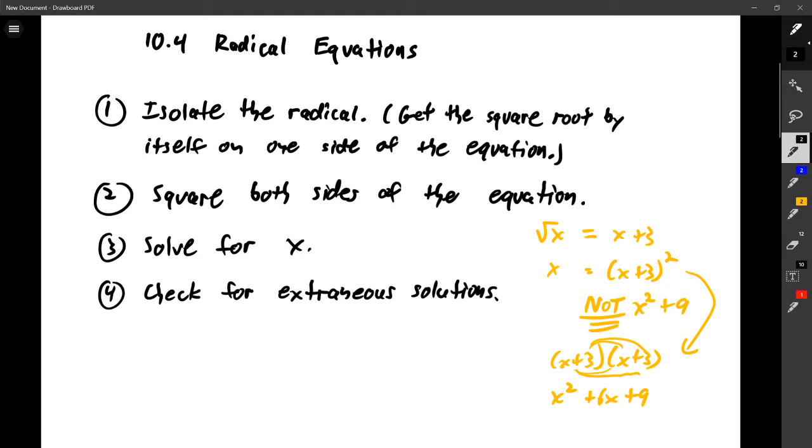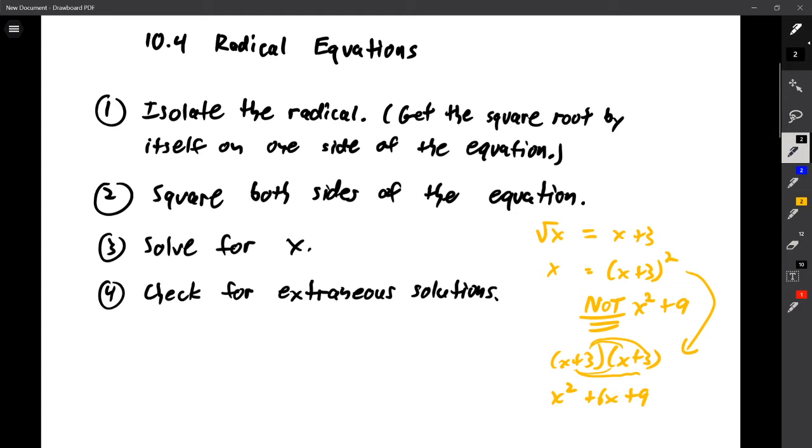Because of starting with the square root and then squaring both sides, if we reversed that, you would be starting with something squared, like an x squared, and when you take the square root of both sides, you have to do a plus or minus the square root. But what we're starting with doesn't have a plus and minus square root. It only has one or the other.